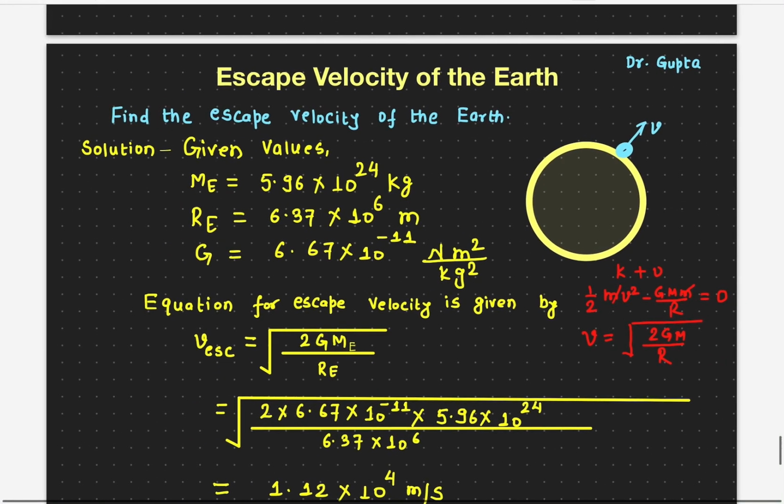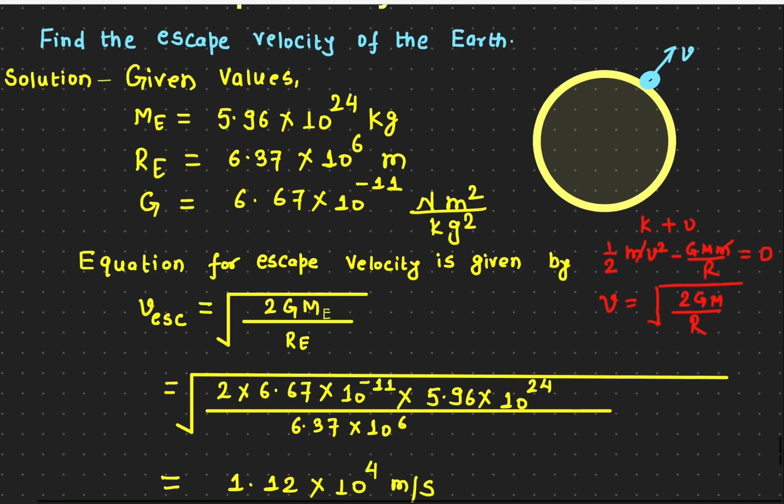So now, to calculate the escape velocity, all we have to do is plug in the values. The mass of the Earth is given, which is 5.96 times 10 to the 24 kilograms. The radius of the Earth is given. The universal gravitational constant is given.